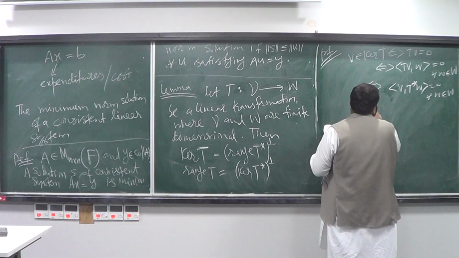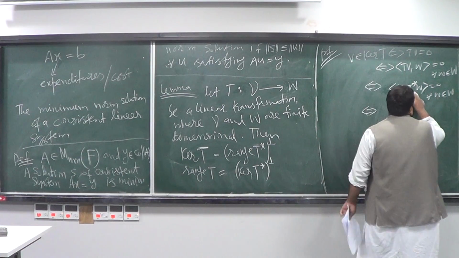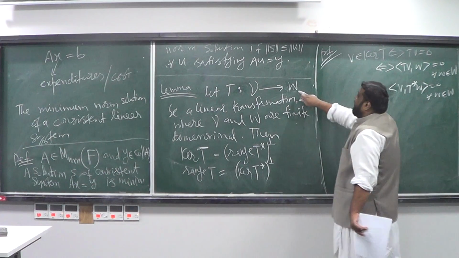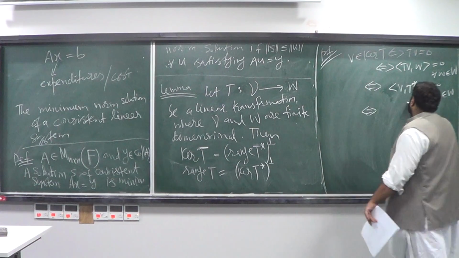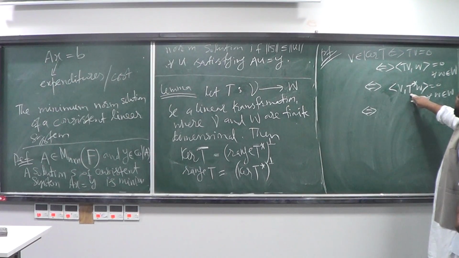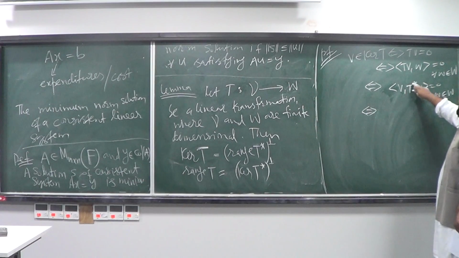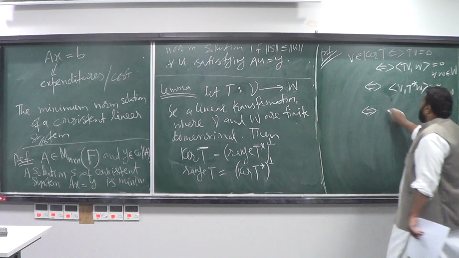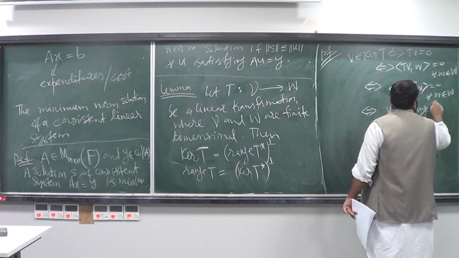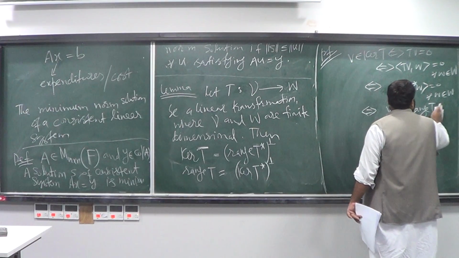By the way, T star of W is an element in the range of T star. And V is orthogonal to an element that is in the range of T star. So this means that V belongs to the perp of the range of T star.